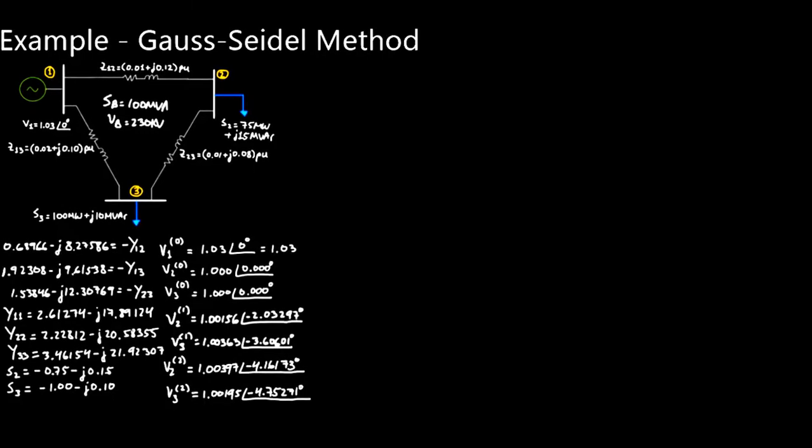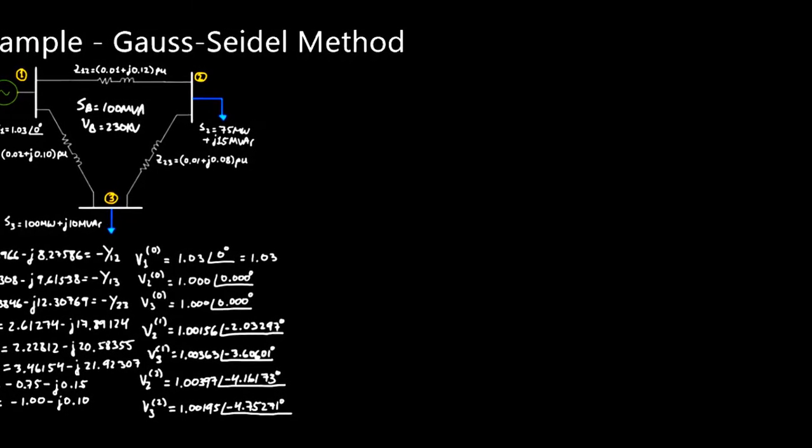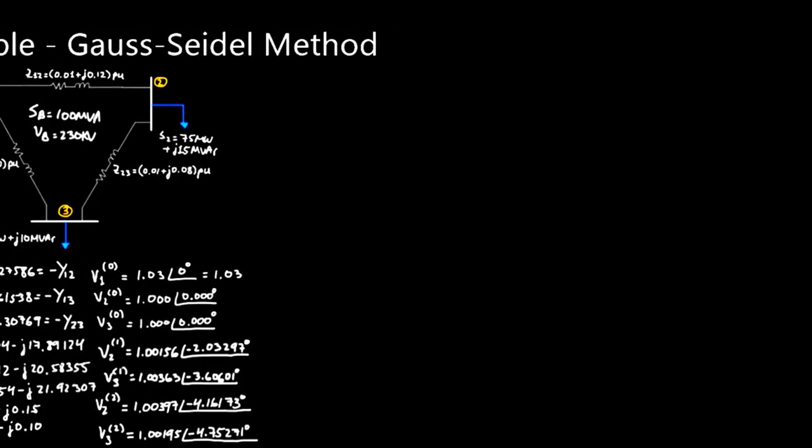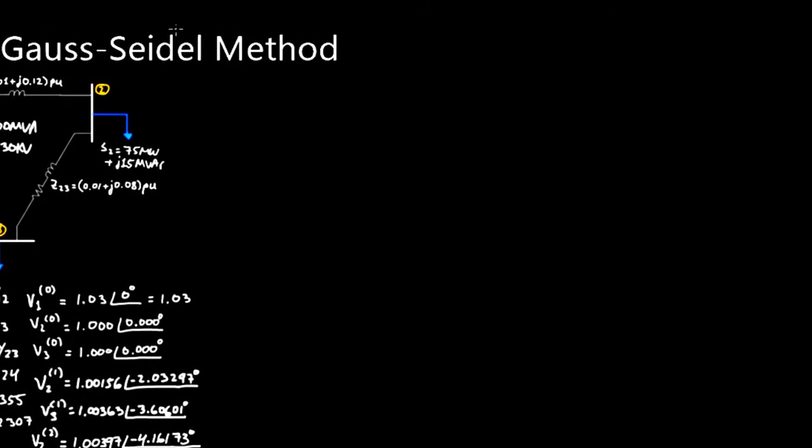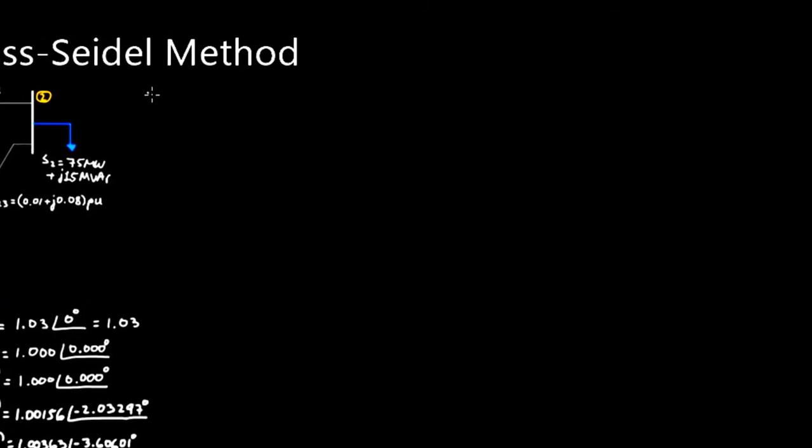Alright, so let's run the 3rd and last iteration that we're going to be running for this example. So of course by now we know how to write these equations for the Gauss-Seidel method.